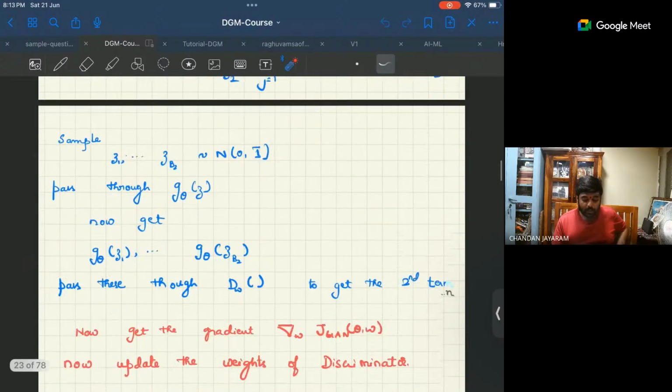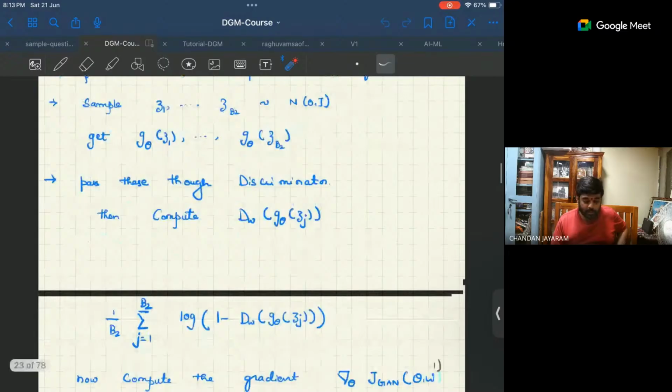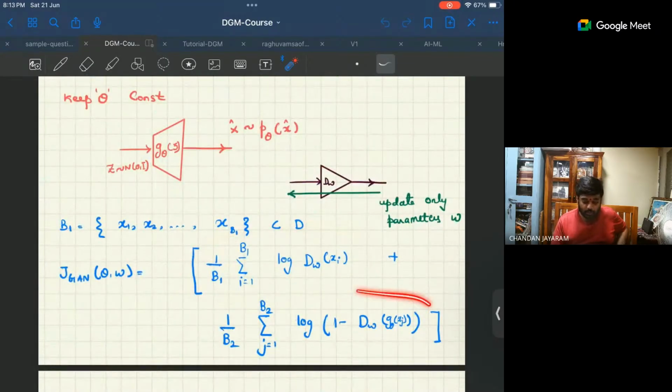Now how do you train the generator network? That is, how do you obtain the theta parameters? If you look at this, the first term is independent of theta, so you should only take care of the second term.